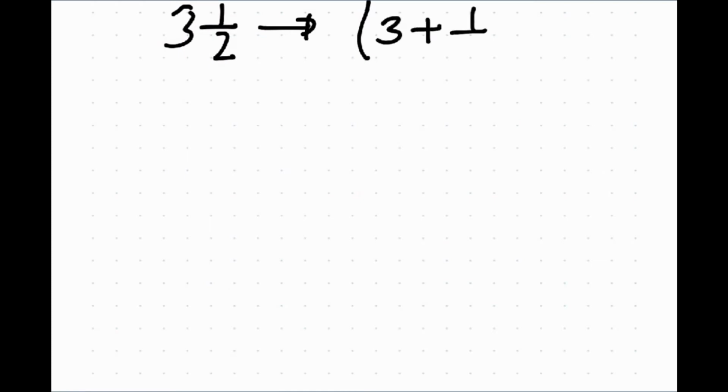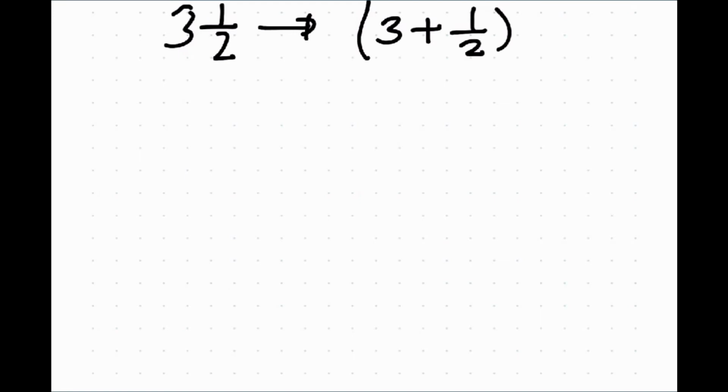So, it is important to note that when we're using this technique, kailangan naka-enclose sa parenthesis. Kunwari, yung 3 and 1/2 natin, yung 3 plus 1/2, naka-enclose siya sa parenthesis. So, ibig sabihin, whatever operation yung katabi ni 3 and 1/2, nasa labas siya ng parenthesis natin.